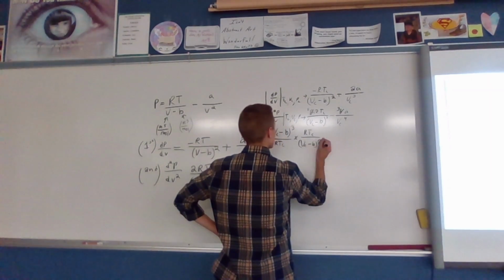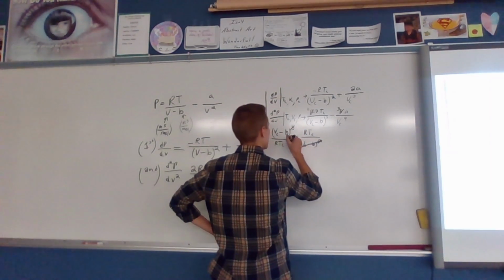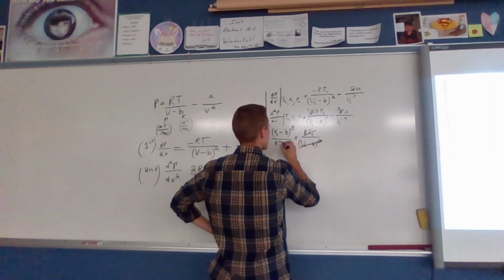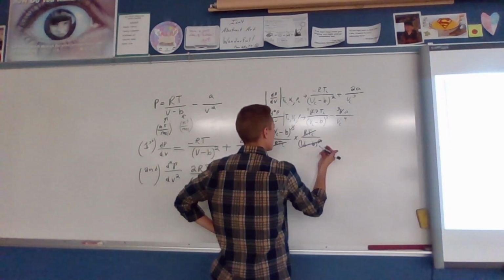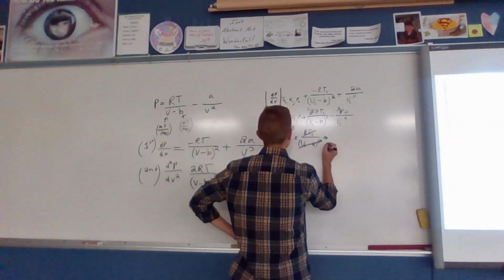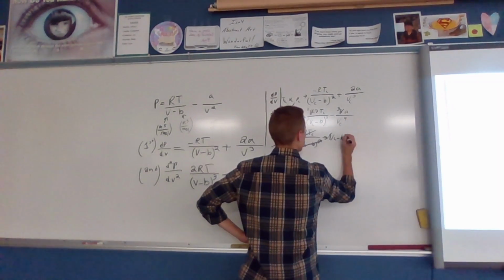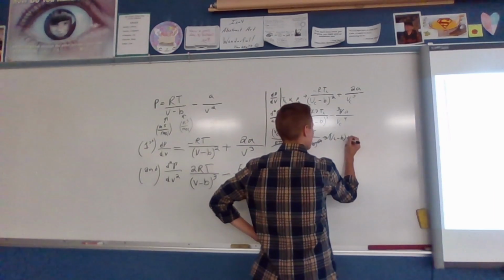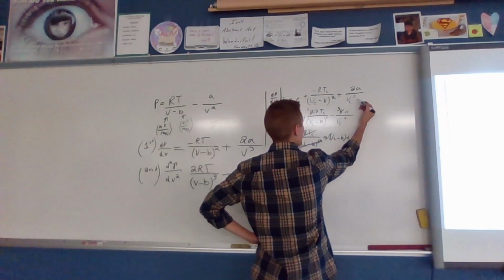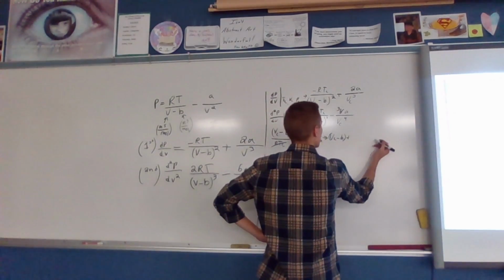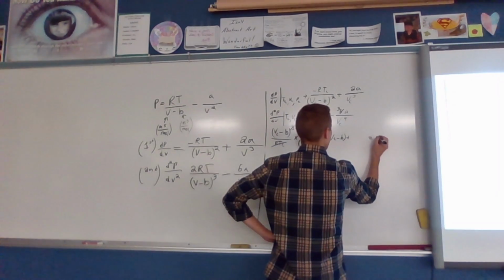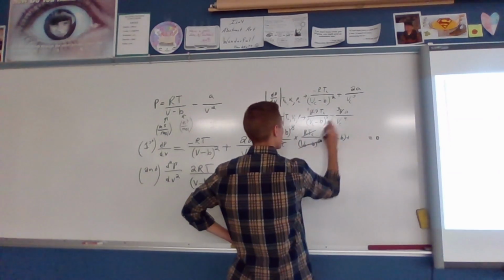So these cancel out, and these cancel out too. So now this just goes to VC minus B plus whatever we get from the reciprocal here multiplied by this, simplified out, equals 0. Let's solve for this part now.